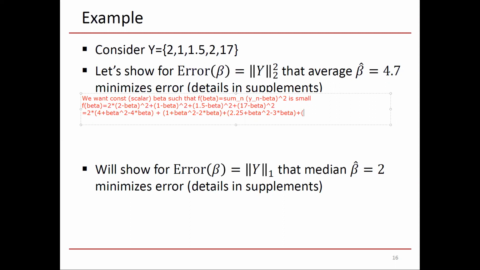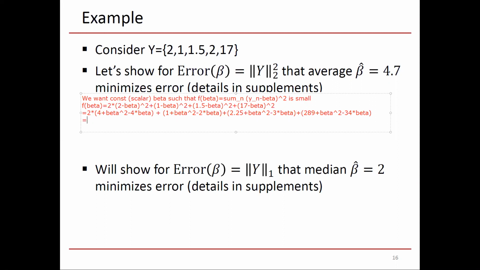And finally, 17 squared happens to be 289, but frankly, because we're going to optimize beta, we're soon going to take a derivative with respect to beta, so you don't care about the constants, okay? I just want to put this out there that you don't need to calculate the constants. So 289 plus beta squared minus 34 beta. 34 is 17 times 2.